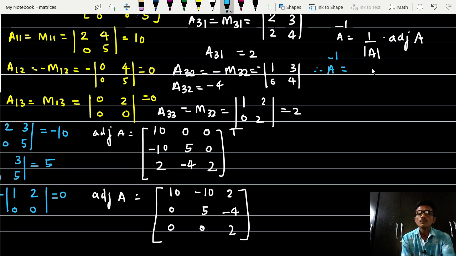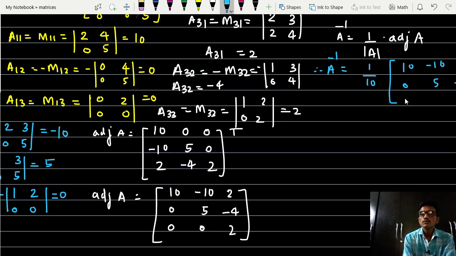So it is 1 by 10, and then the adjoint of the matrix: 10 minus 10 2, 0 5 minus 4, 0 0 2. This is the inverse of the matrix by the adjoint method.